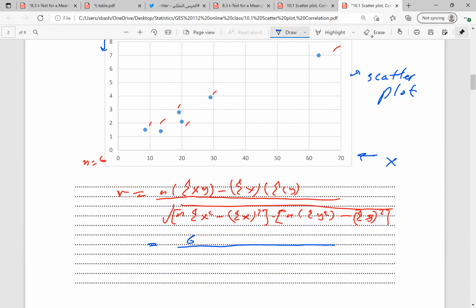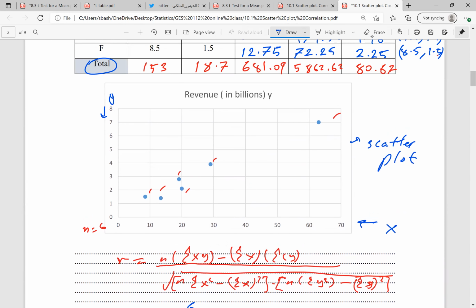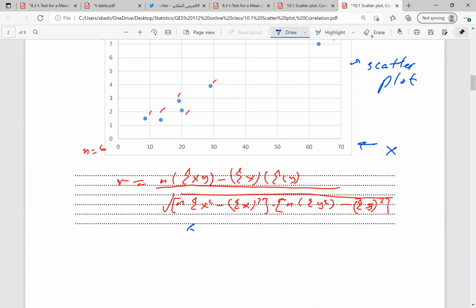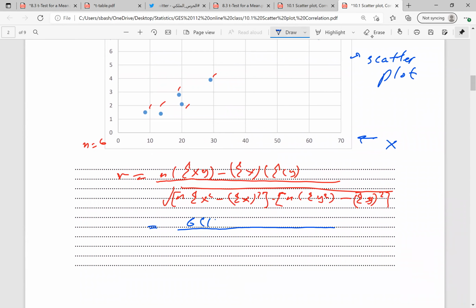6 multiplied by sigma xy. Sigma of x is 153, sigma of y is 18.7.